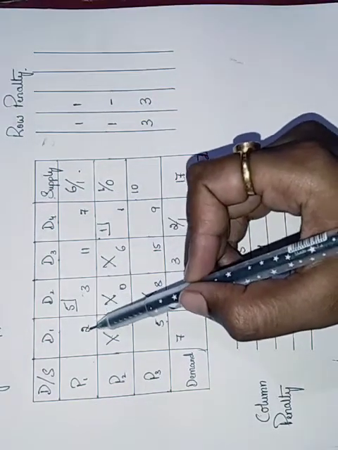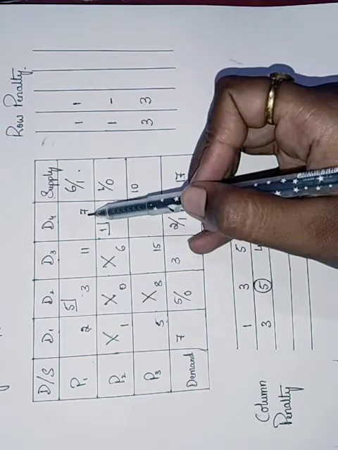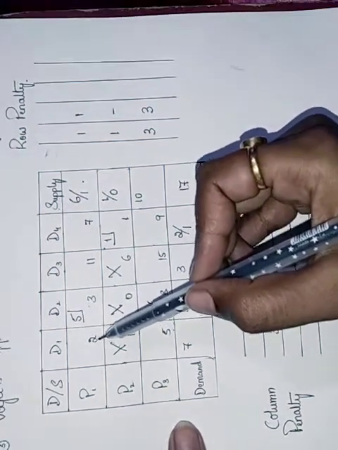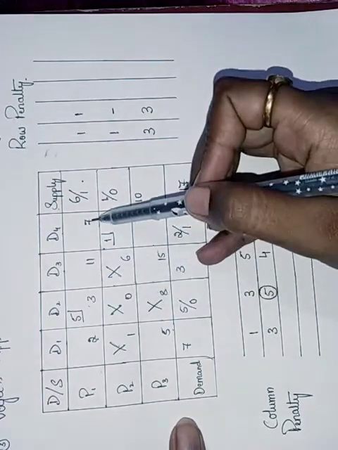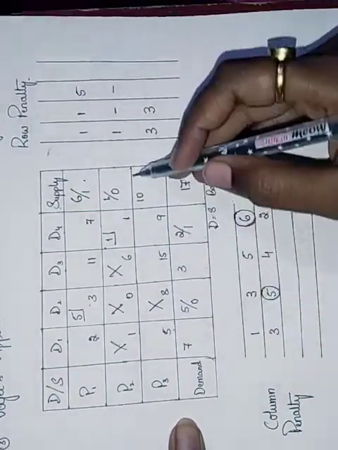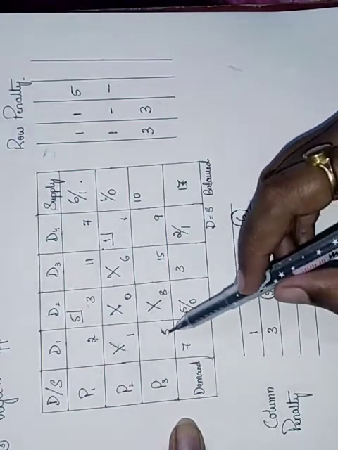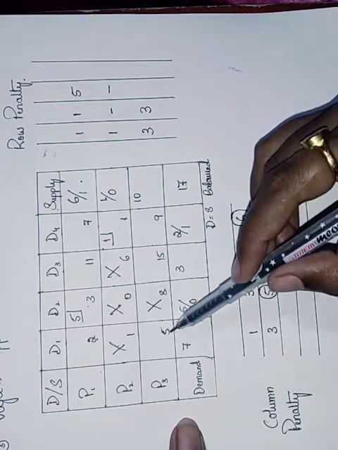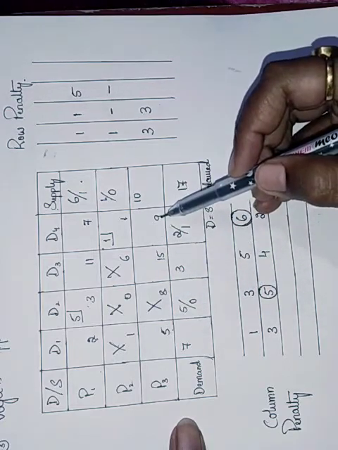Now we are concerned only with 2, 11 and 7 because here we have allocated already. Now which is the least cost? 2 and the next least value is 7. So difference between 2 and 7 is 5 and this is nil because it is already allocated and crossed off. And here 5, 15, 9, which is the least value? 5 and the next least value is 9.